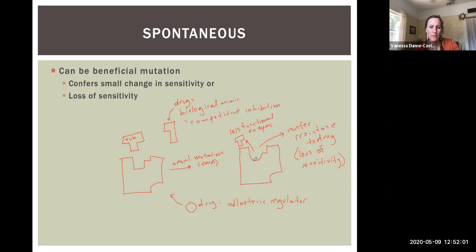Right? So a mutation, even though it inherently could be detrimental to the organism, may also have some benefit in at least drug resistance capacity.